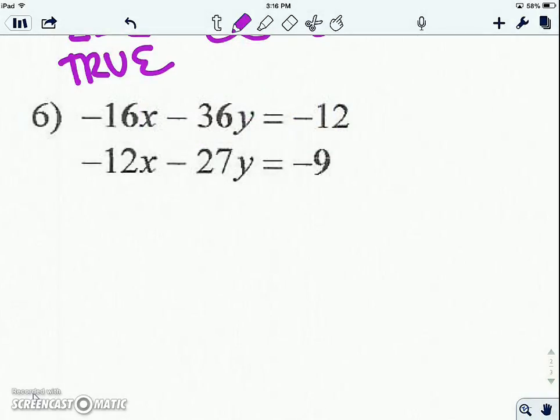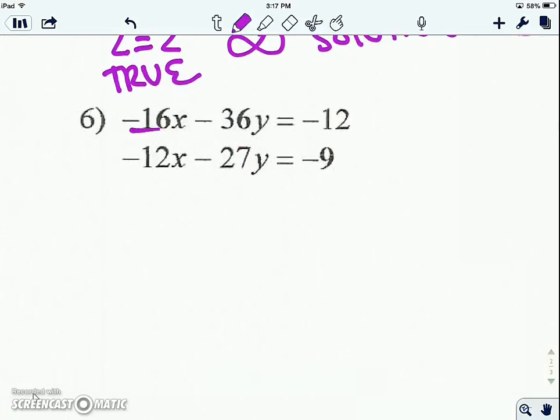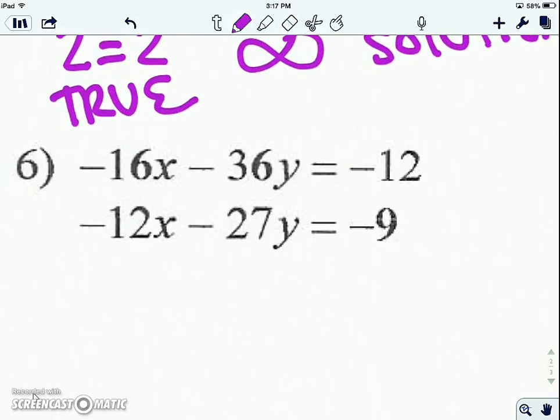And again, I could times stuff, but I'm thinking if I were to divide this by 4, it would turn into a negative 4. And if I were to divide this by negative 3, it would turn into a positive 4. So I'm going to times both things by a fraction. I'm going to times this by 1/4.